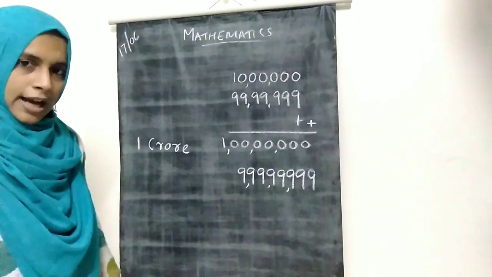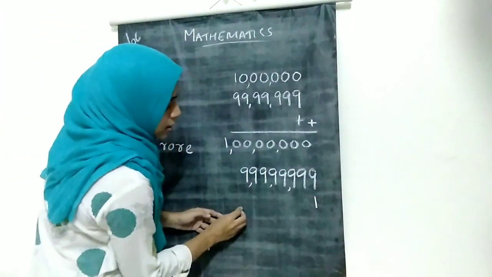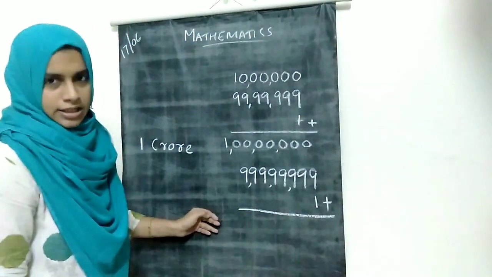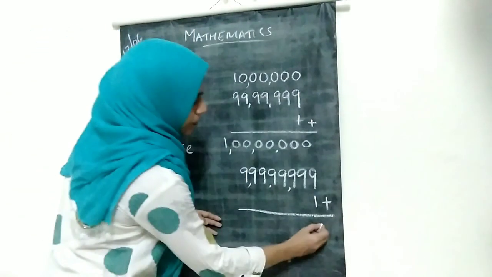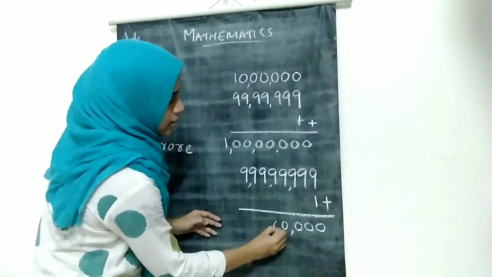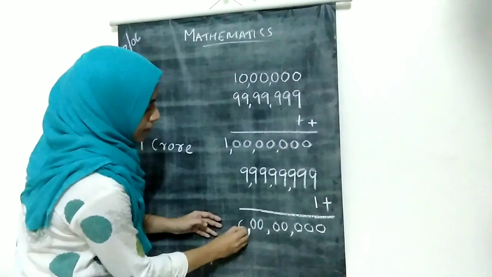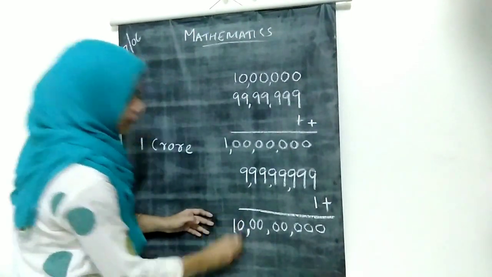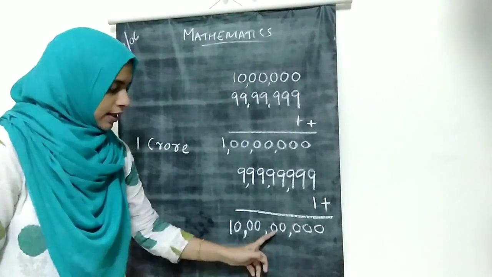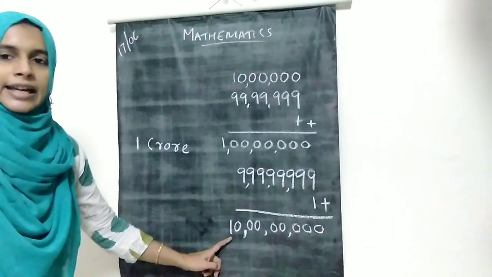I am going to add 1 to this number. So we will get the smallest 9-digit number, right? So 0, 0, 0, again 0, 0. So here ones, tens, 100, 1000, 10,000, lakh, 10 lakh, crore, then 10 crore.